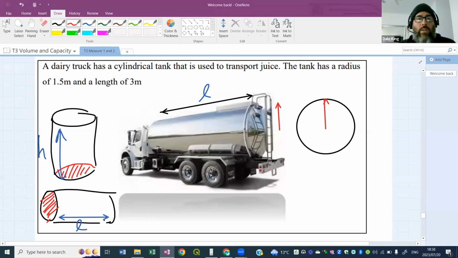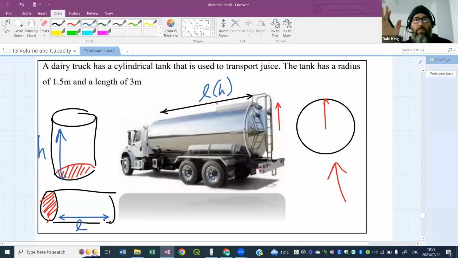We got the circle base when it's lying down, which is this circle that I've drawn here on the right hand side, also this circle here at the back of the truck. So that's what I've redrawn as a circle. The length here, we used to know it as height. I'll put it in brackets there, height. It's the same thing.